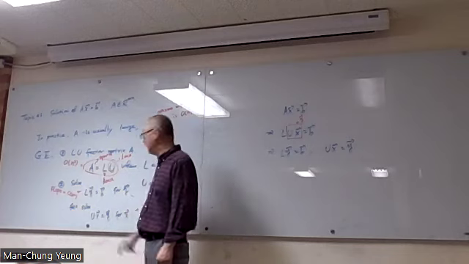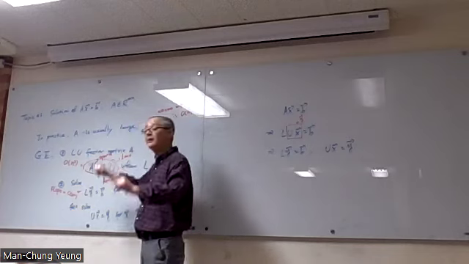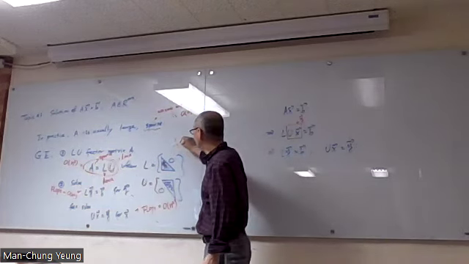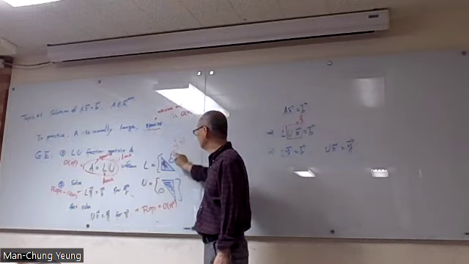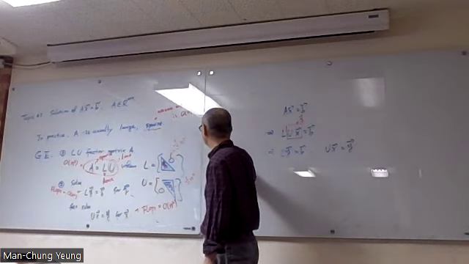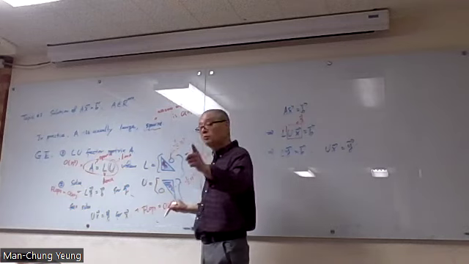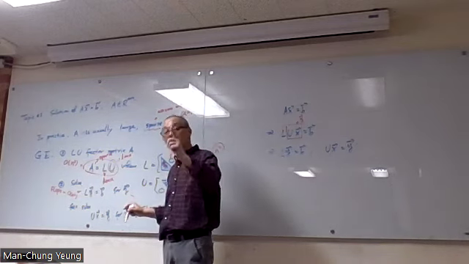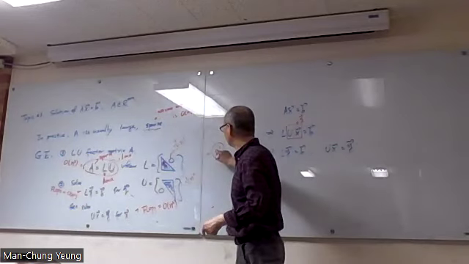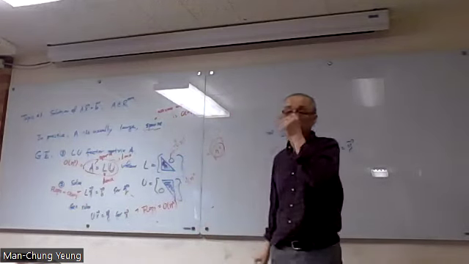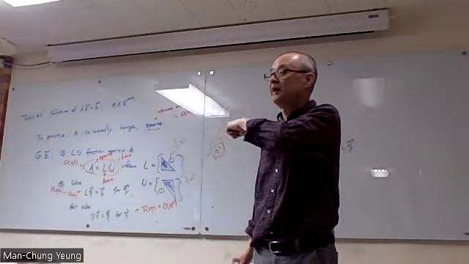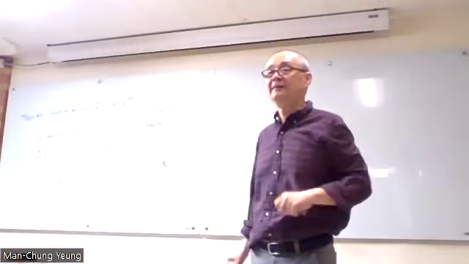How many non-zero entries do we keep? L has about one half n squared, U has about one half n squared, so the sum is n squared. So Gaussian elimination requires your computer to have so much storage. This is too bad.